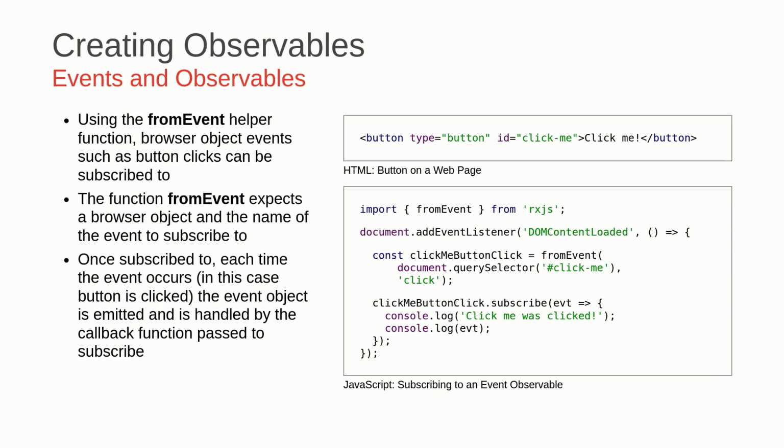You basically give it a reference to the actual object whose event you want to bind to. So here we're going to use document.querySelector, and we're going to look for the button with an ID of clickme. And the second argument you pass into fromEvent is the actual name of the event that you want to connect into, in this case, click. Now what we can do is we can subscribe to the observable, and each time the button is clicked, it'll actually run this function saying clickme was clicked.